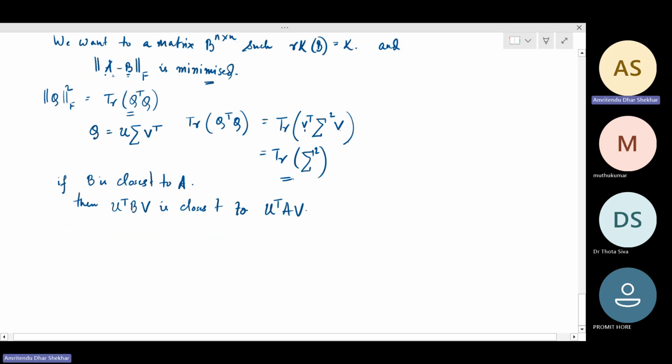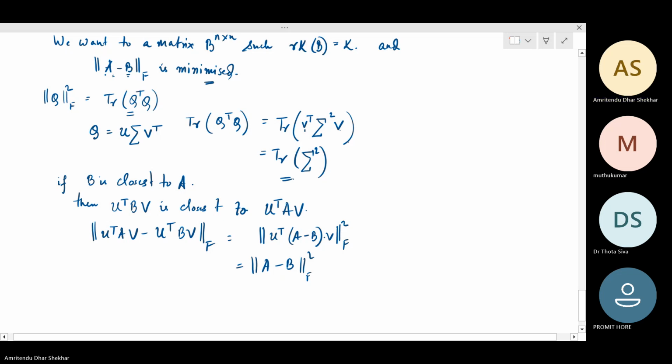Okay, and again, it's the same thing. If you do U transpose AV minus U transpose BV, you take the Frobenius norm of this, that is basically the Frobenius norm of U transpose times A minus B times V, and this is equal to the Frobenius norm of A minus B squared.